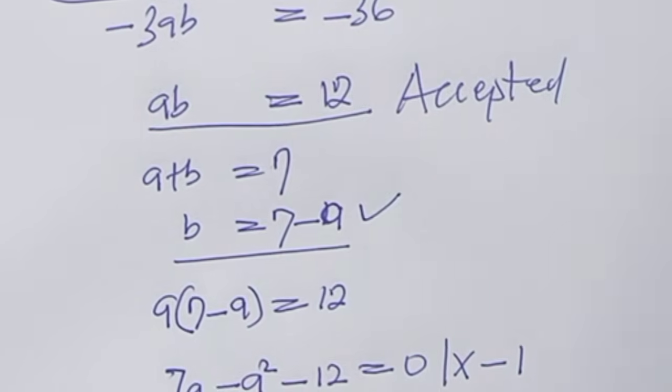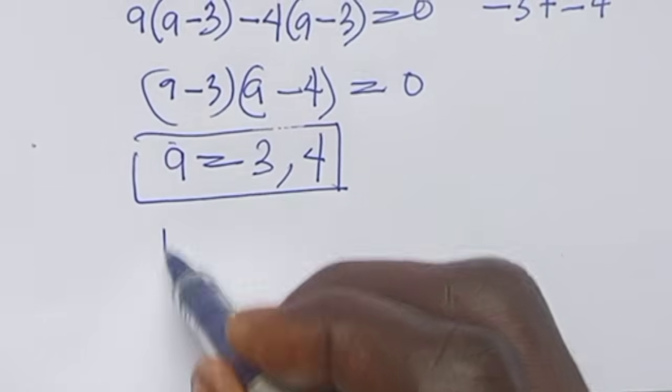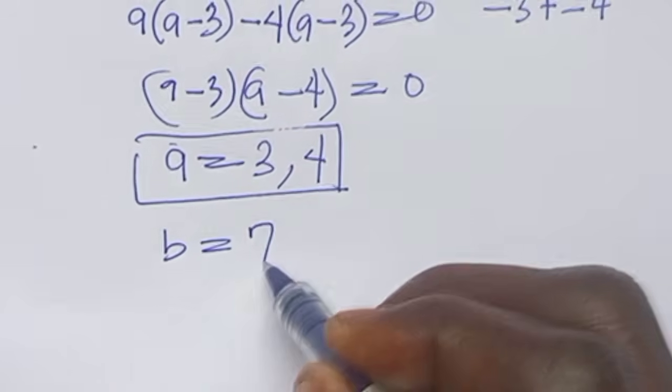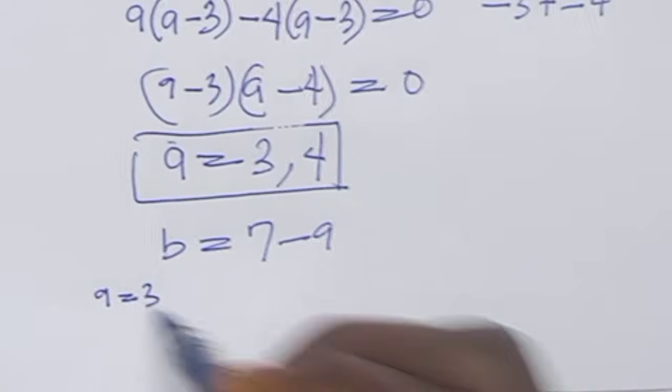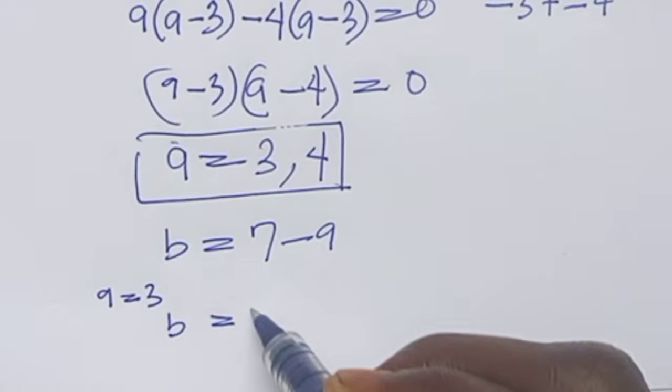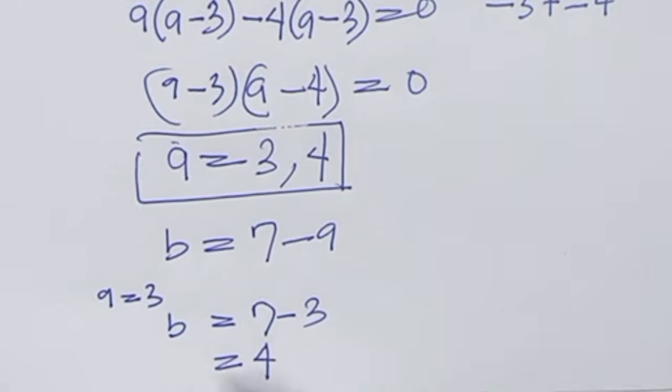And from here, we can have b to be 7 minus a. And when a is equal to 3, b therefore will be equal to 7 minus 3, and this is equal to 4.